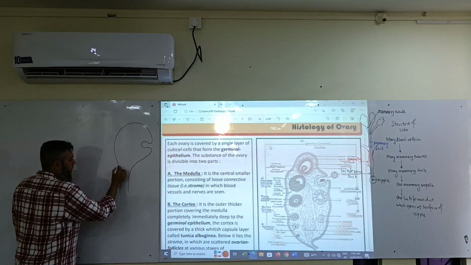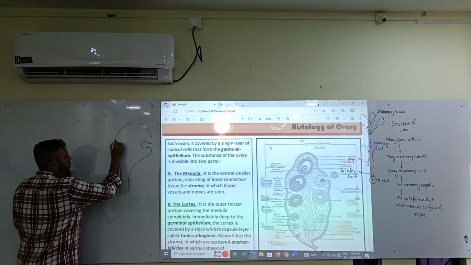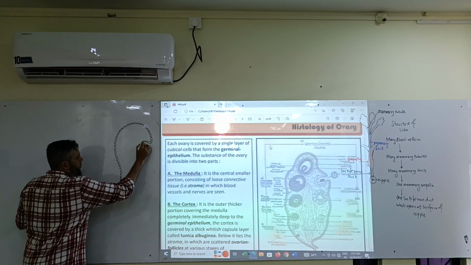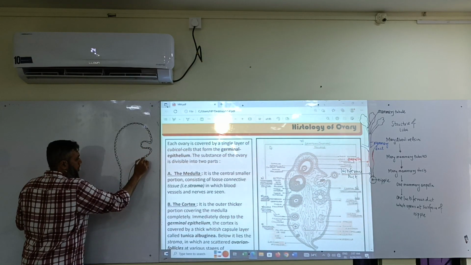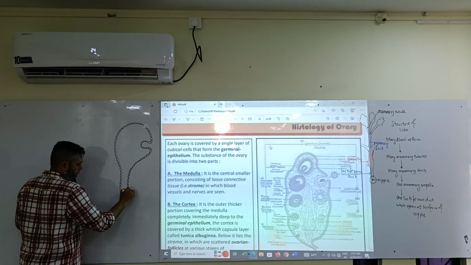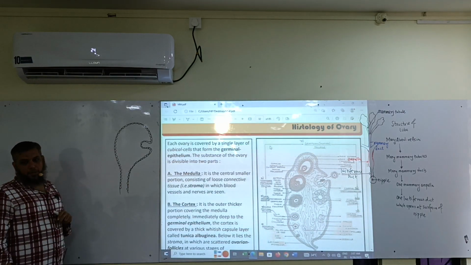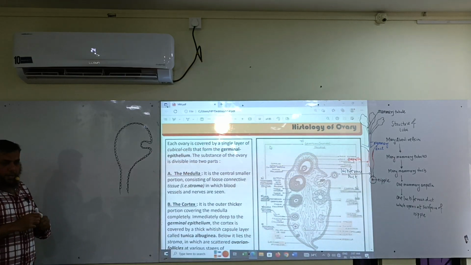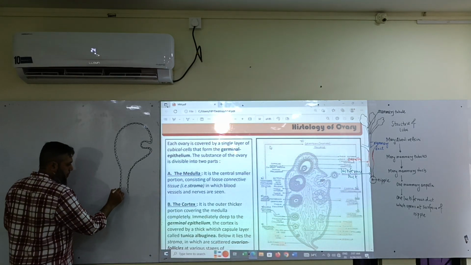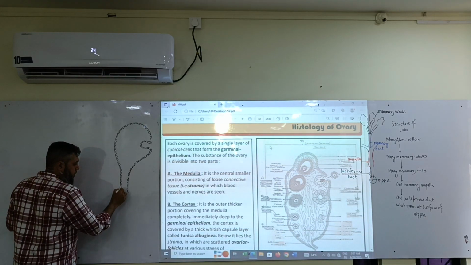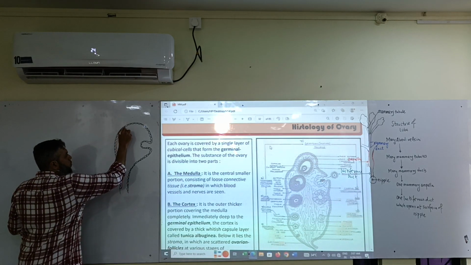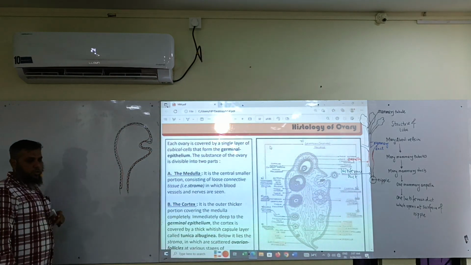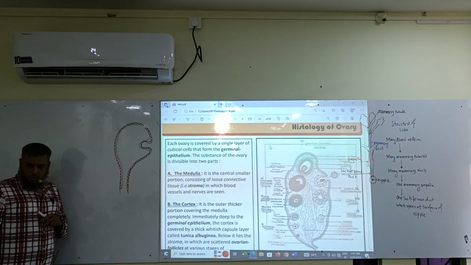It is lined by, so what is it lined by? It is lined by cuboidal epithelium. Okay, and beneath that cuboidal epithelium is the connective tissue, which is called the tunica albuginea.